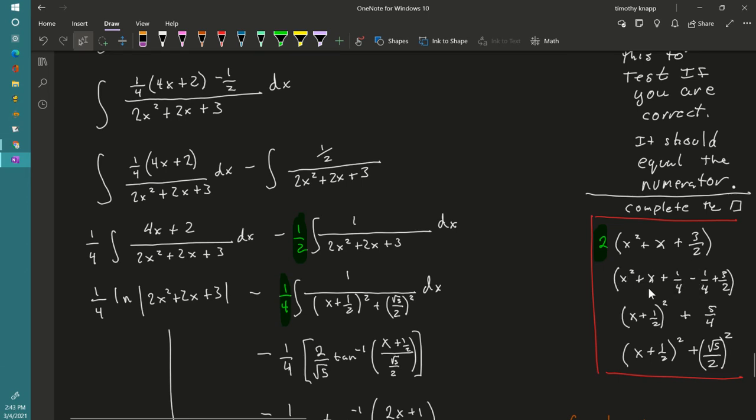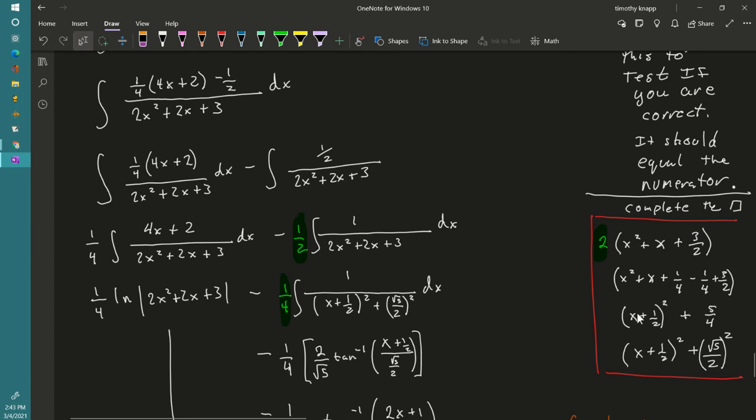Now, this first section here becomes my perfect square trinomial, which ends up equaling this square binomial squared. And now this plus 5 over a quarter is simply these two guys simplified, okay?